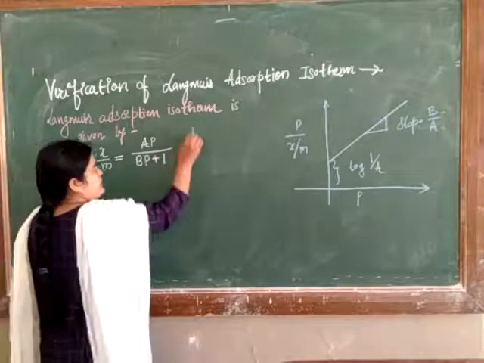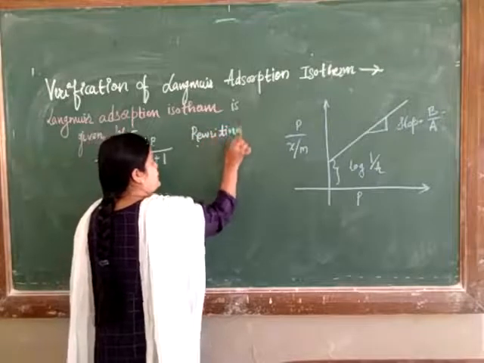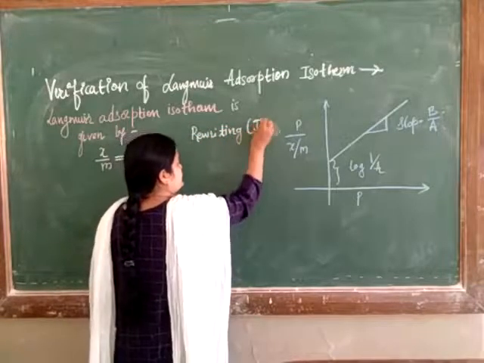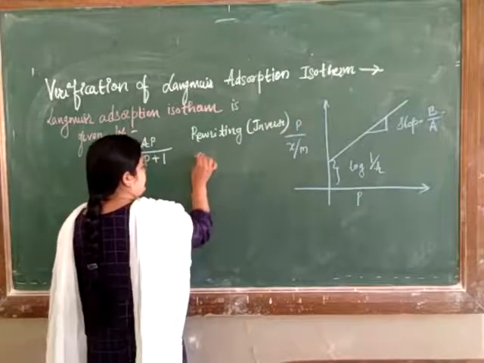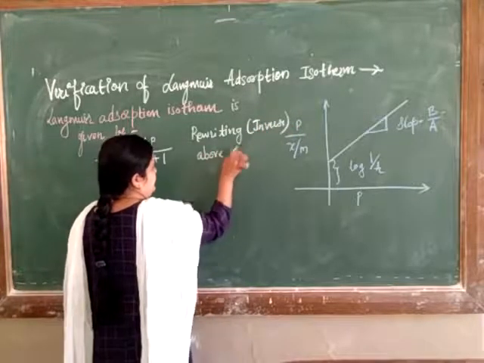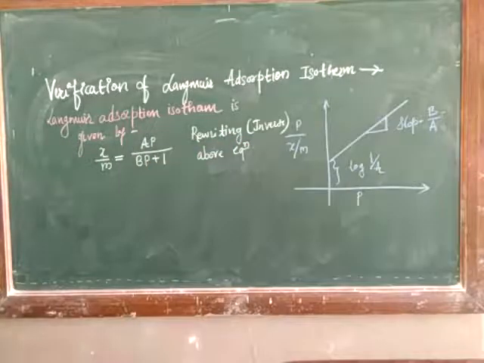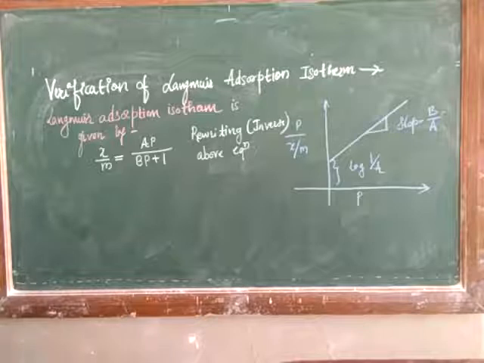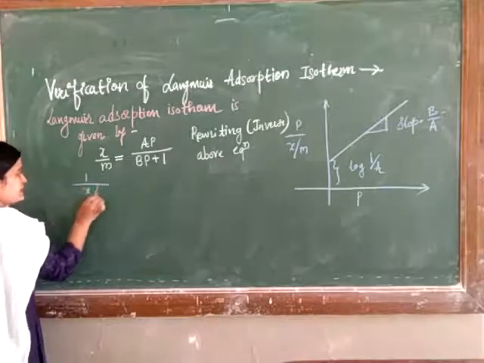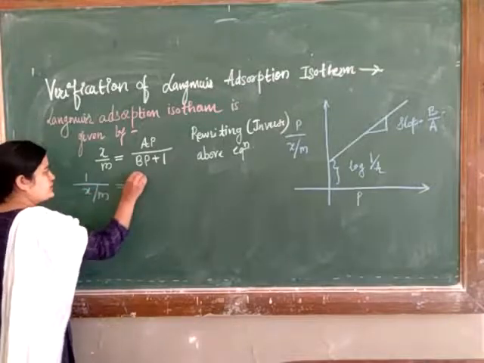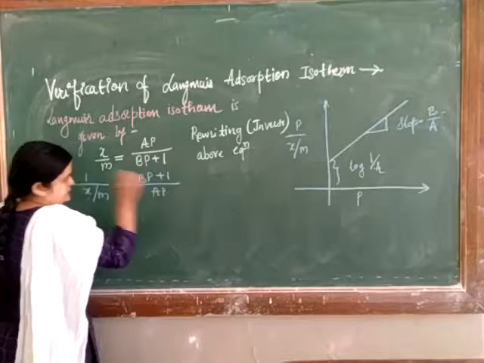Okay, so rewriting or inverting the above equation, what will we get? We have to invert this particular equation. 1 upon x upon m is equal to bP plus 1 divided by aP.